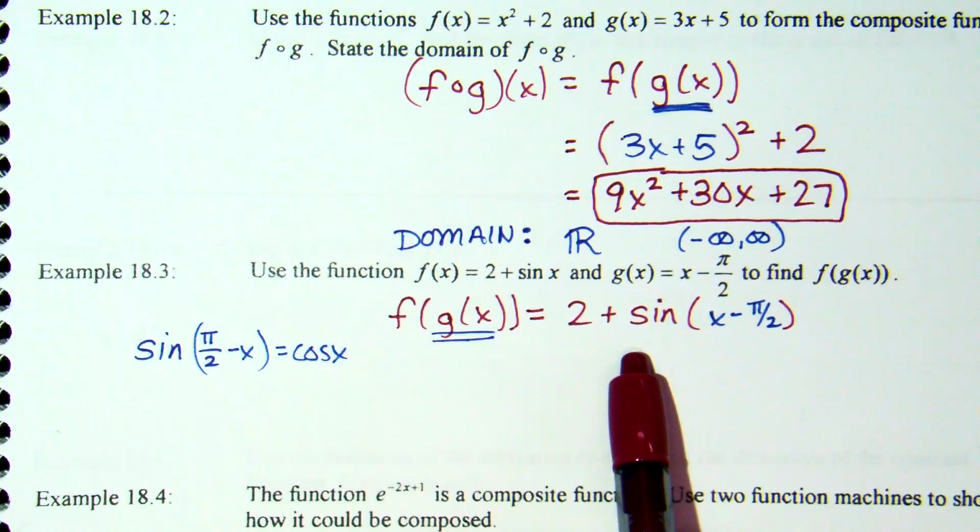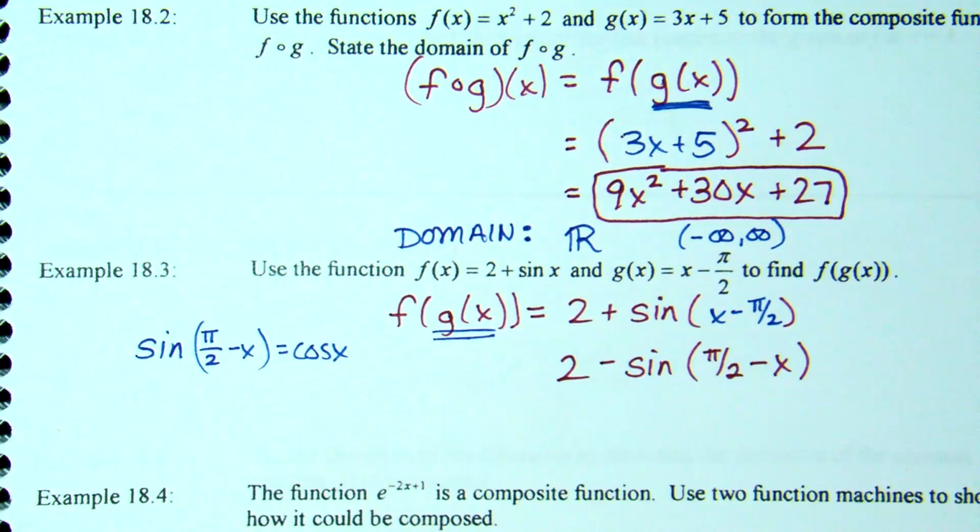So now this can be written as 2 minus the sine of, instead of positive x, it's negative x, and instead of minus pi over 2, it's plus pi over 2, which for form's sake I'm going to reverse as pi over 2 minus x. So when Daryl said 2 plus cosine of x, I just need him to adjust and say 2 minus cosine of x.